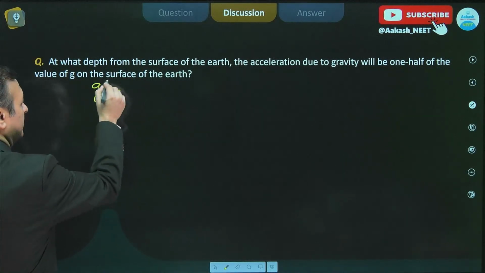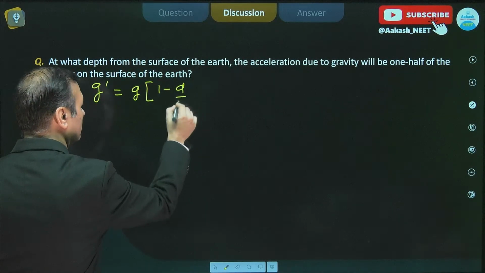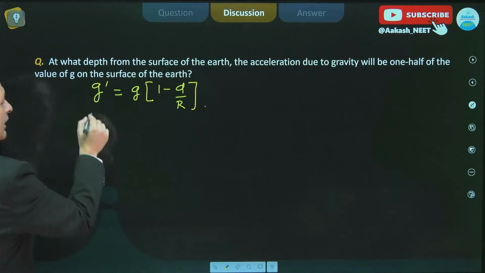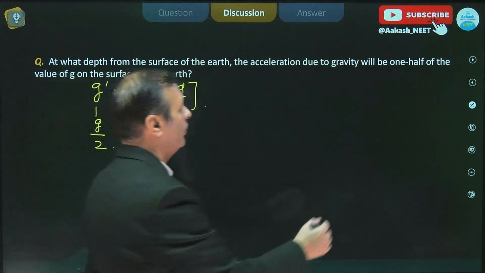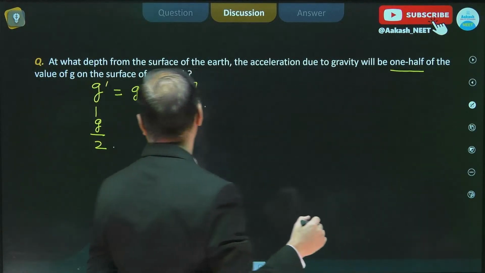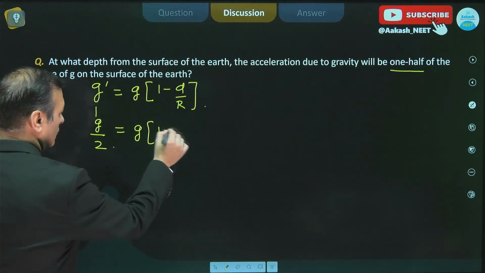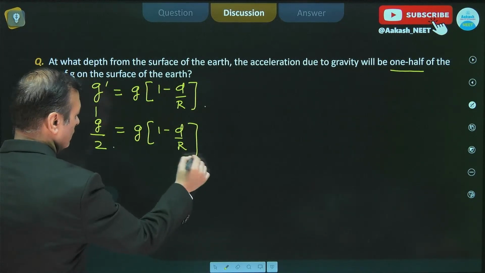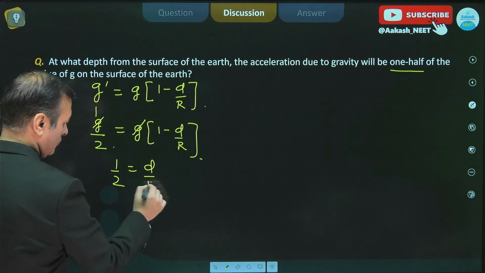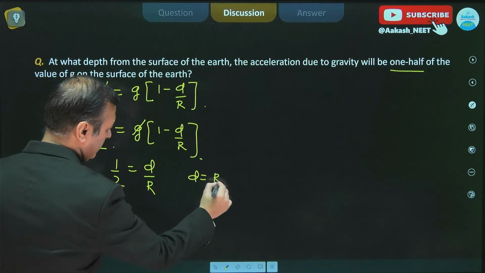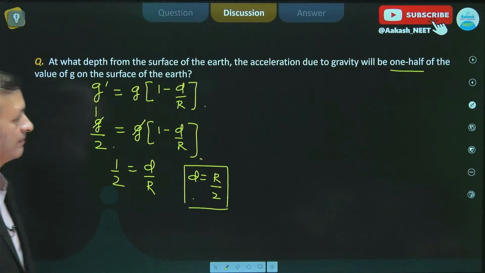So g at depth is given by g dash equal to g(1 - d/R), and it says it becomes 1/2 of the value of g on the surface of Earth. So that gives me the value of d as R by 2 as the answer.